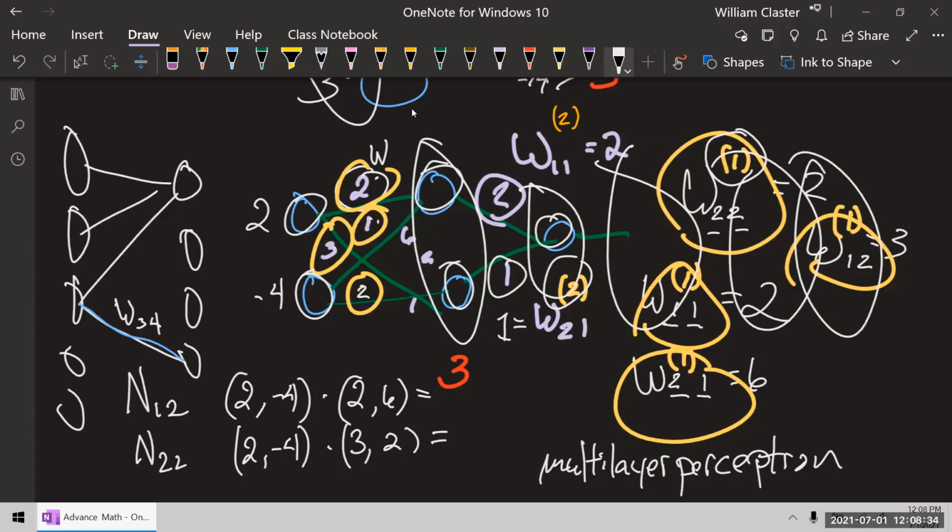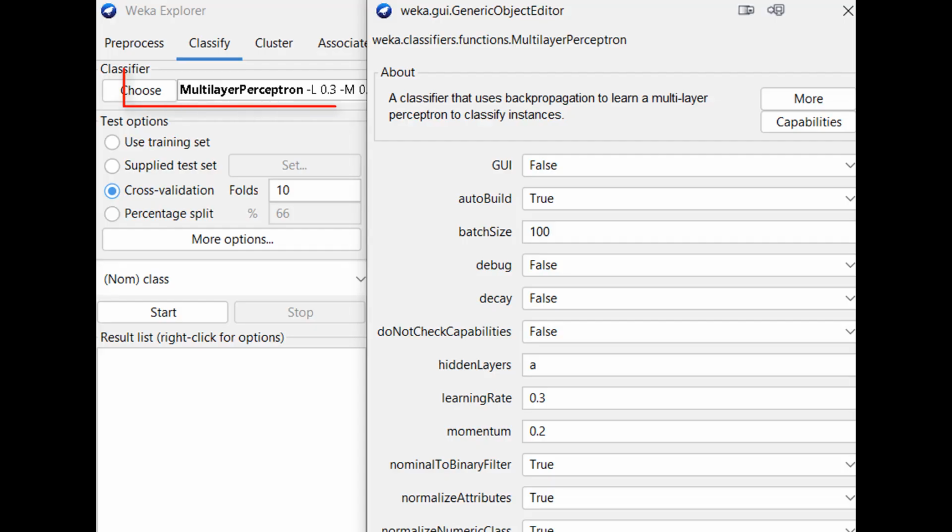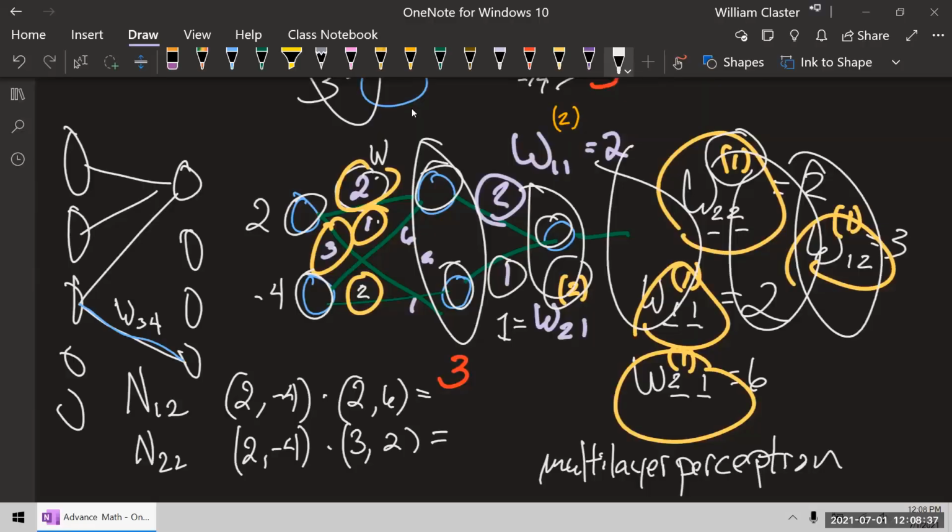You can choose that in Weka. And then you can run your data through there, and that's all it's doing, what we've just been doing. Basically it's a bunch of dot products. But we had the threshold. We have some threshold also. But that's basically what it's doing.